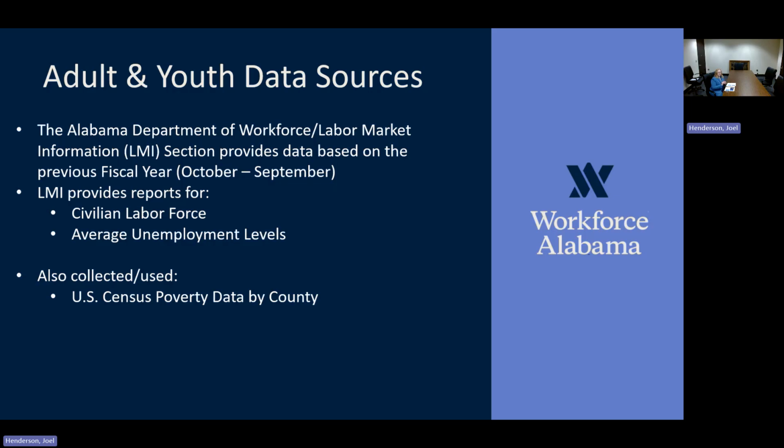For the adult and youth, they provide us a civilian labor force report and average unemployment levels. In addition to those reports, we also use U.S. Census poverty data by county. Next slide.